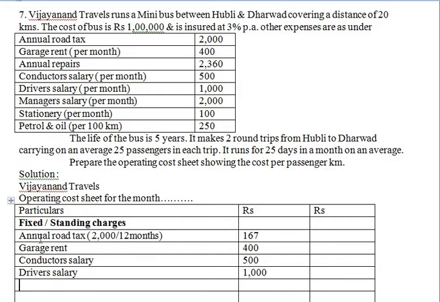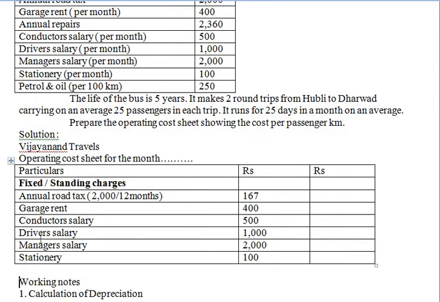Next is manager's salary. Manager's salary 2000. Stationery 100. Okay, now petrol and oil, that will come for this running expenses.